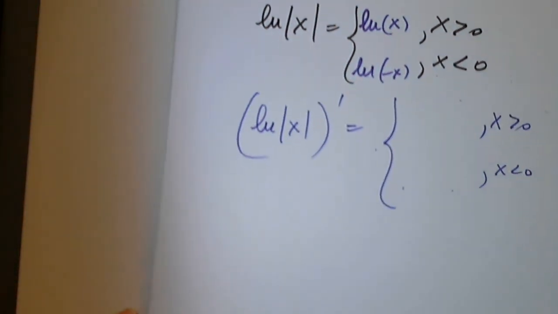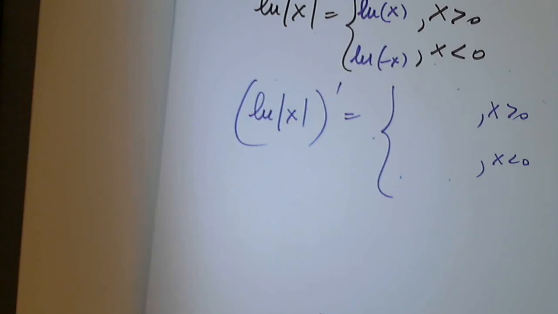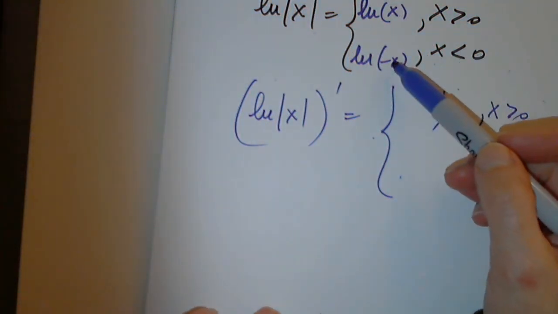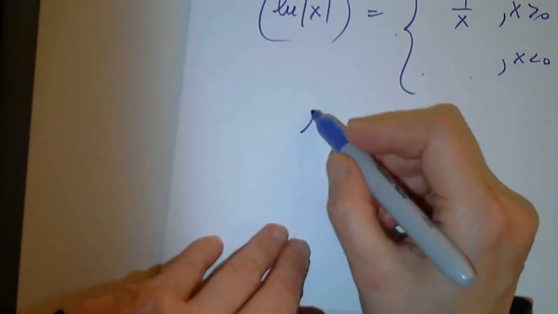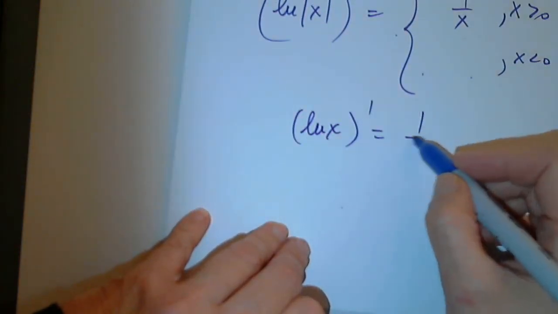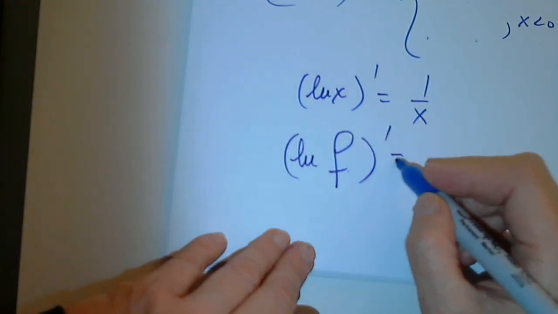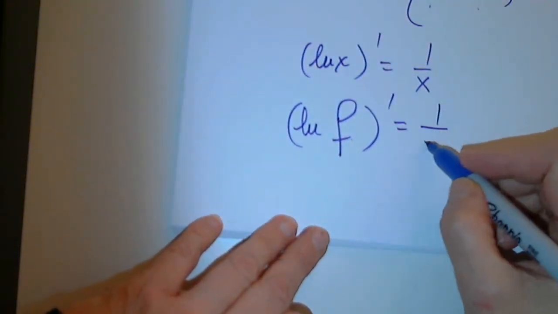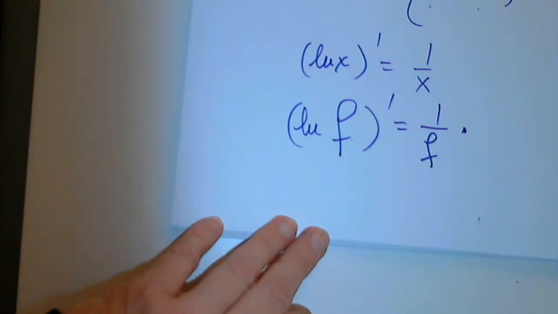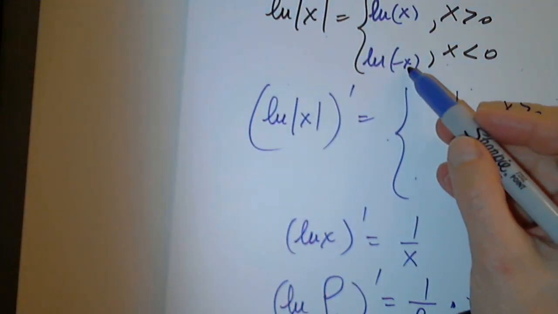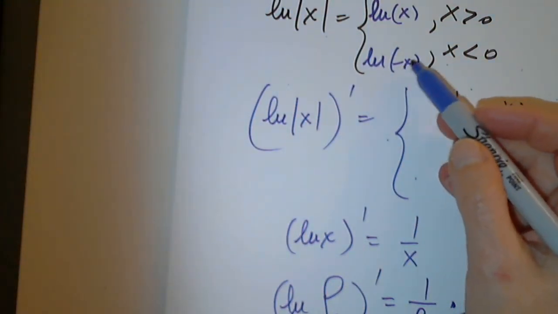We just learned that natural log prime is 1 over x. So what will be the derivative of this? Perfect. But now this is a function, right? So if natural log x prime is 1 over x, if I have natural log of a function prime, this cannot be just 1 over f, but it has to be times f prime. Good. So now this is not plain x. It's a function. It's negative x.